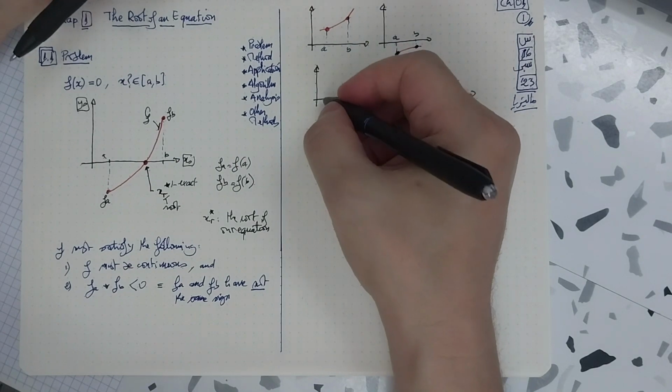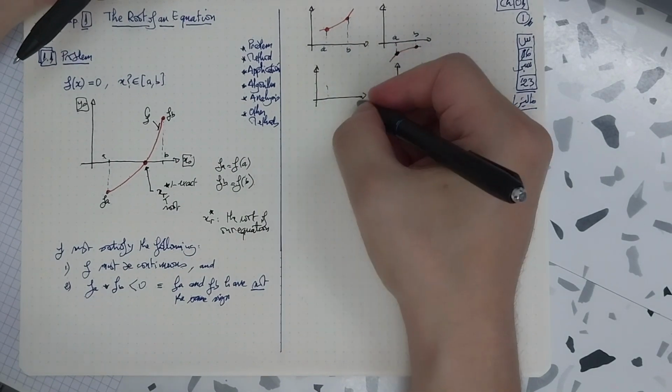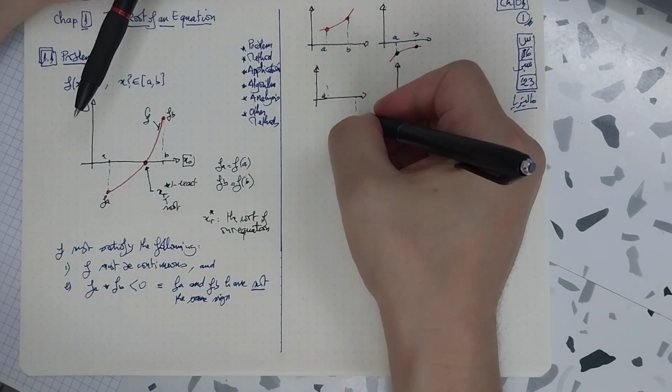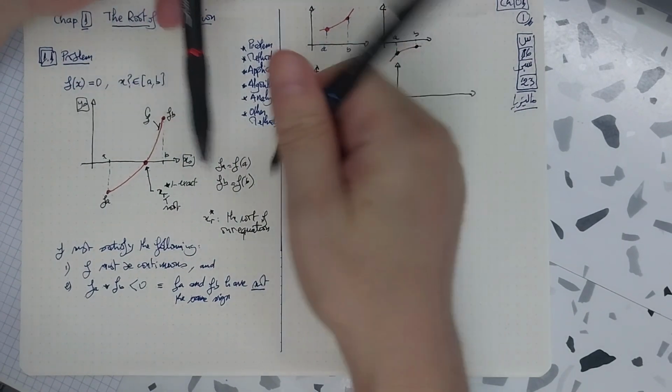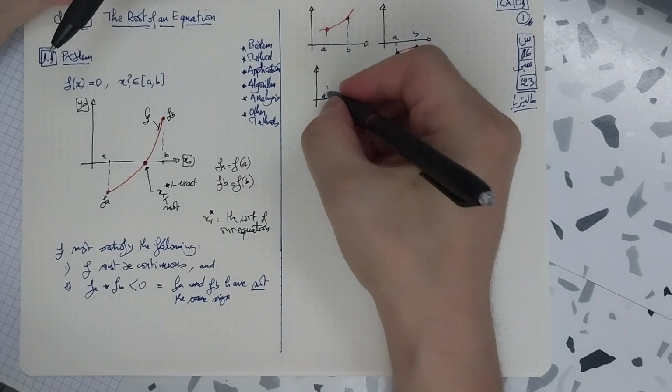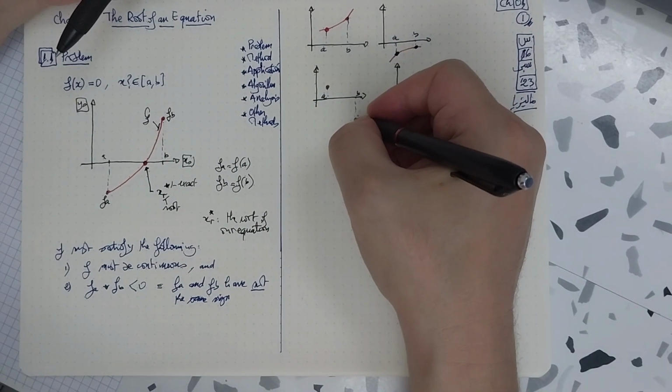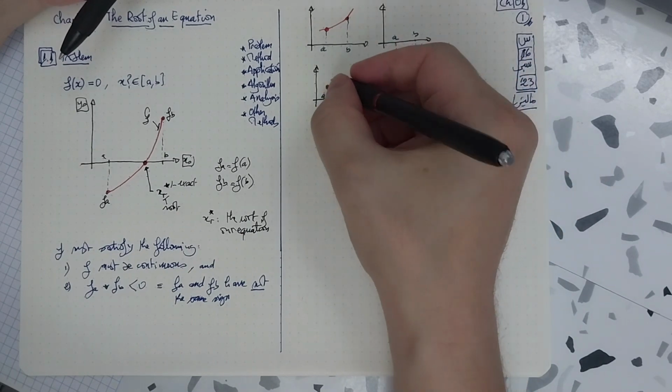Or, let's say, function changes sign. This is A, this is B. The function changes its sign. This is the image of A, this is the image of B, but it is not continuous.